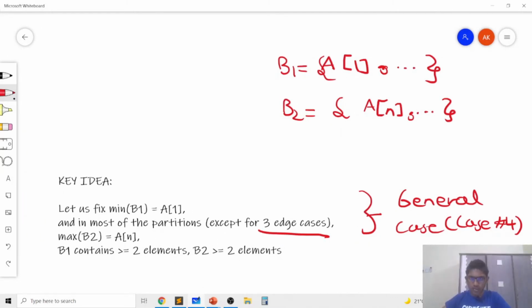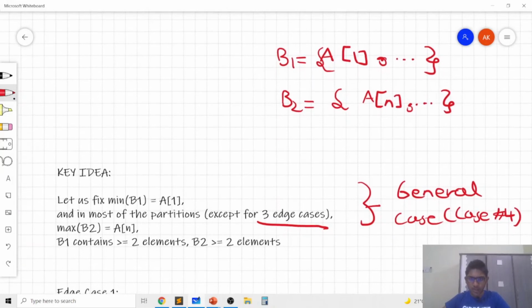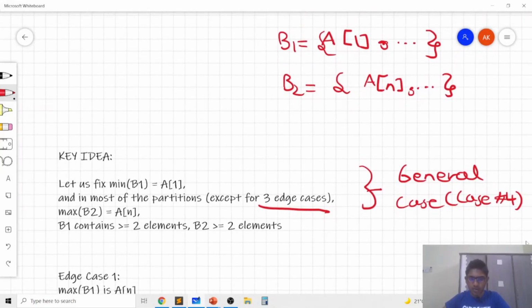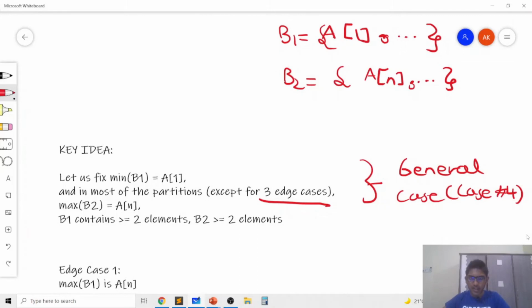So the first edge case is when A of n is contained in partition B1 and not in partition B2. So the maximum of B1 will obviously be A of n, because A of n is the largest number. Even if A of n minus 1 is contained in B1, it's going to be smaller than A of n.